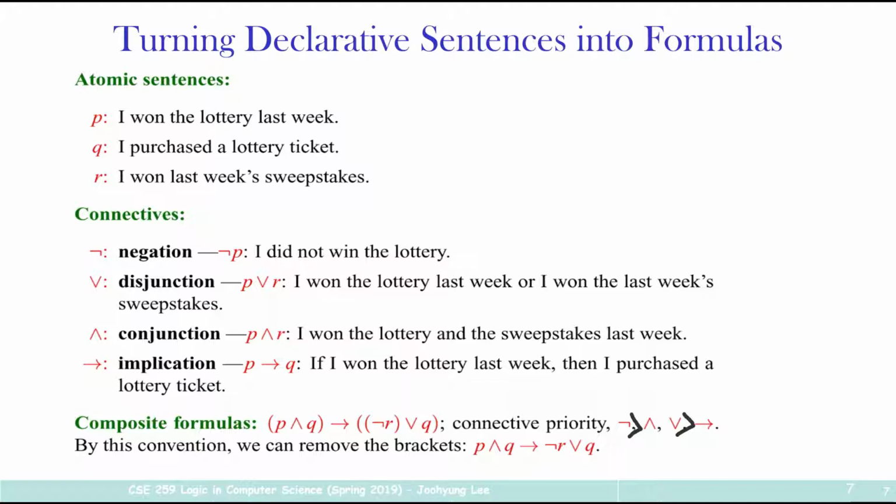So very lengthy sentences can be represented as a formula in this succinct way. There is some connective priority, where negation binds more tightly than conjunction and disjunction, and these bind more tightly than implication. Don't worry about this now. We are going to look at the syntax more carefully, and I will revisit this at that time.